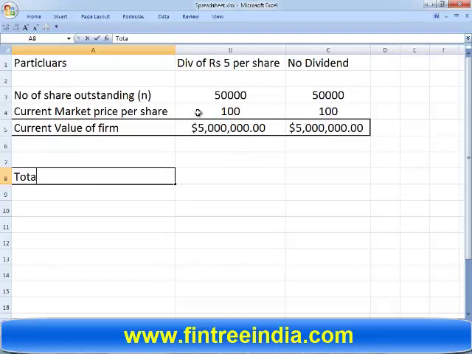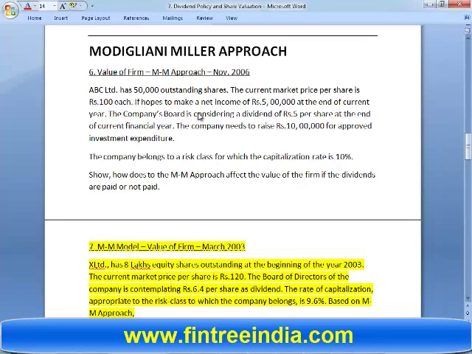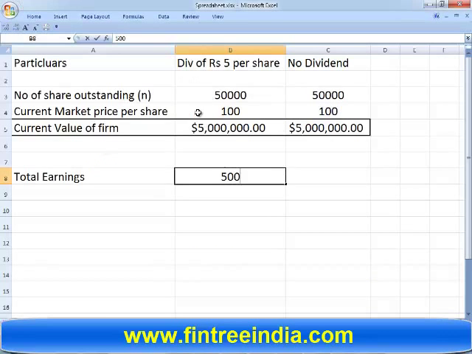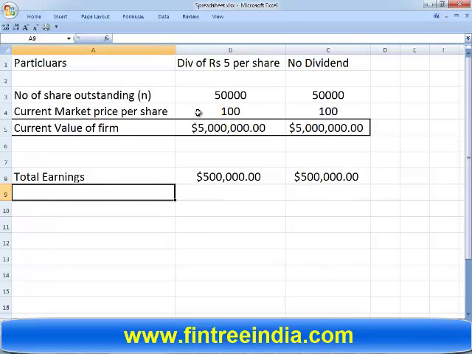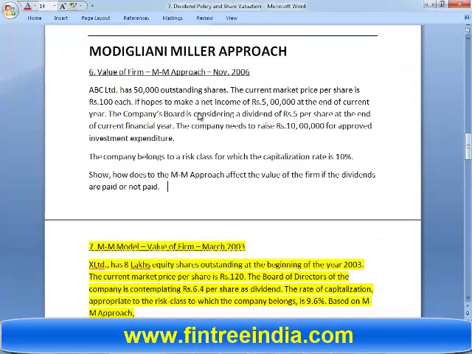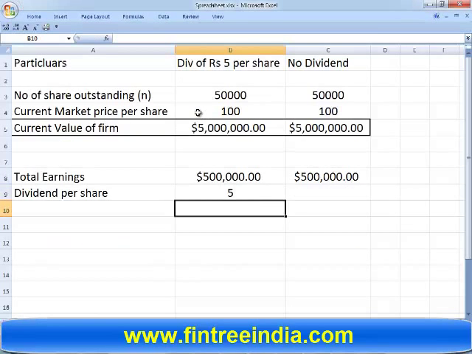Total earnings are given as 5 lakh. Dividend per share in the first case is 5, in the second case is 0.